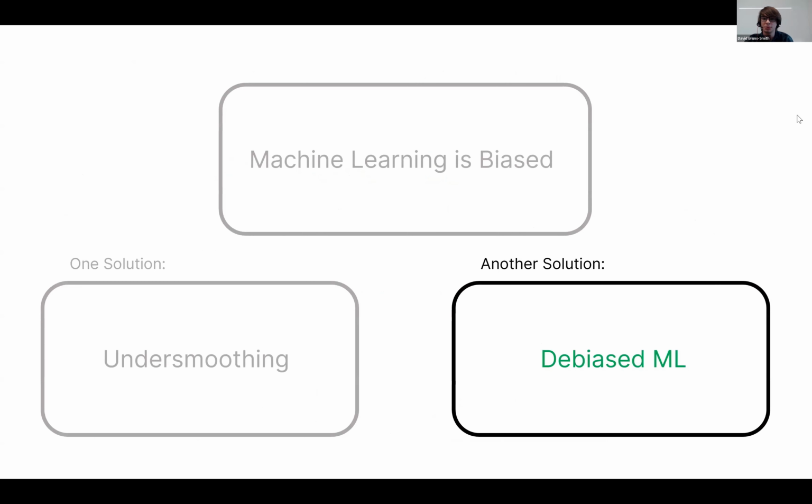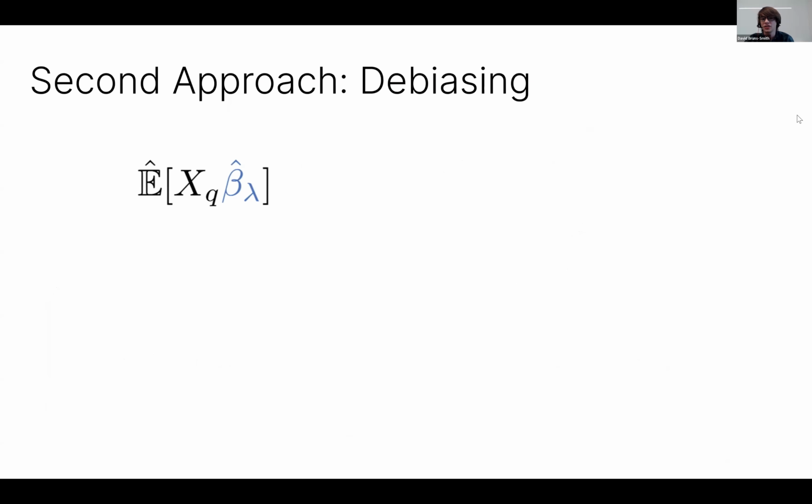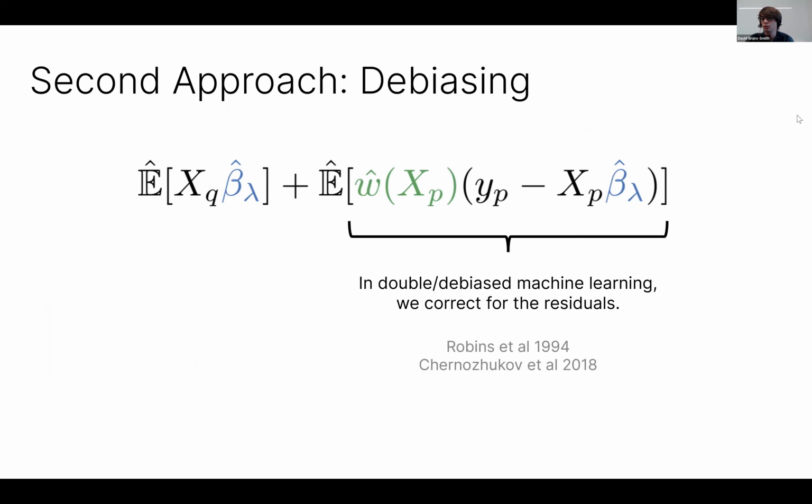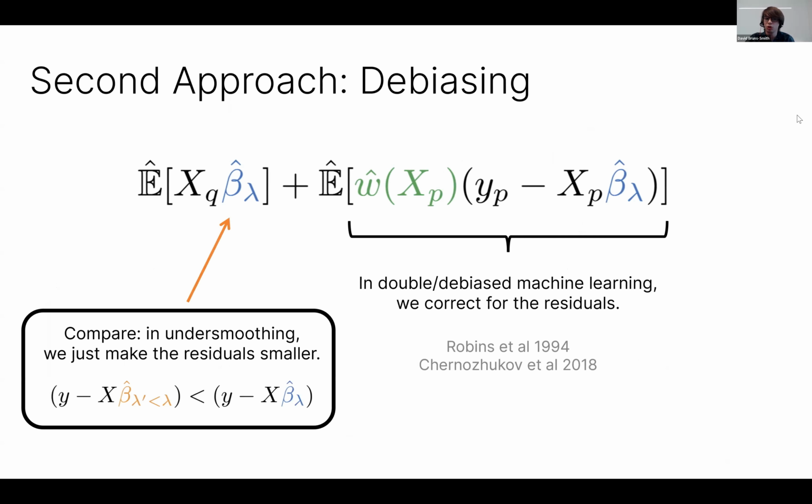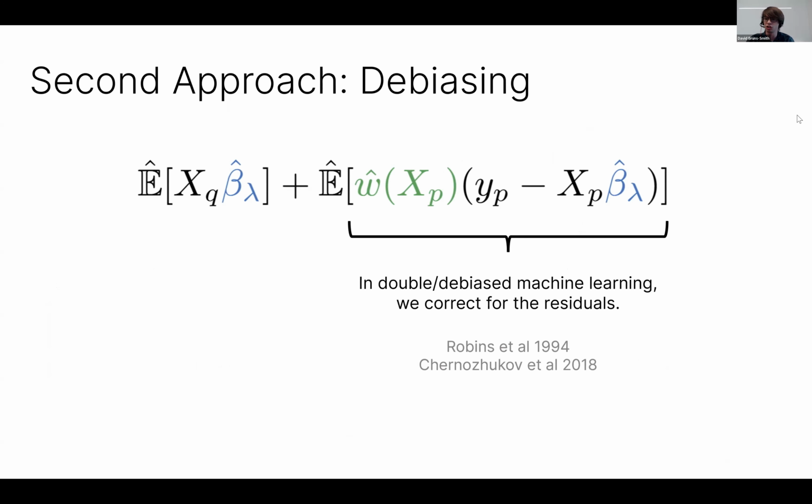Another solution is debiasing. Debiasing just takes the baseline machine learning outcome model and then corrects for the residuals with this correction term. If you compare that to undersmoothing, when we undersmooth, we just mechanically made the residuals smaller by regularizing less. In debiased machine learning, we just correct for them after the fact.